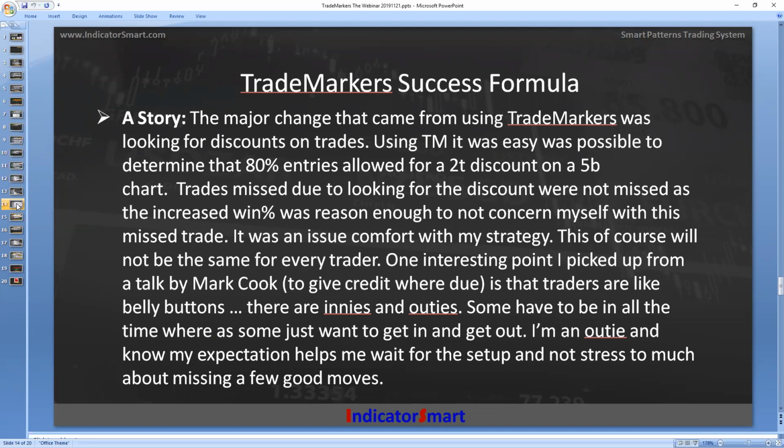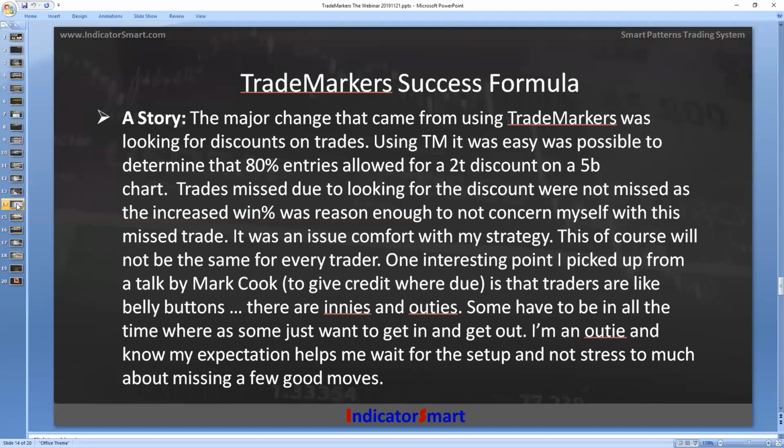Using TradeMarkers, it was easy, and it was possible to determine that 80% entries allowed for a 2-tick discount. So this testimonial is telling us exactly what we were just doing, on a 5-brick chart, which is what we just did it on.